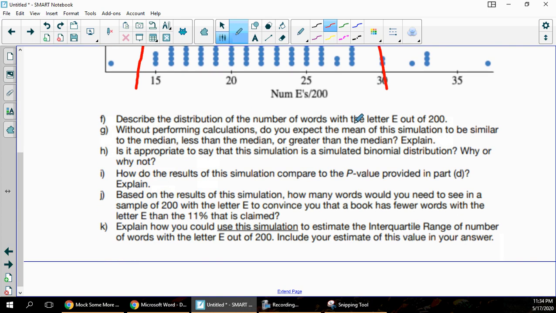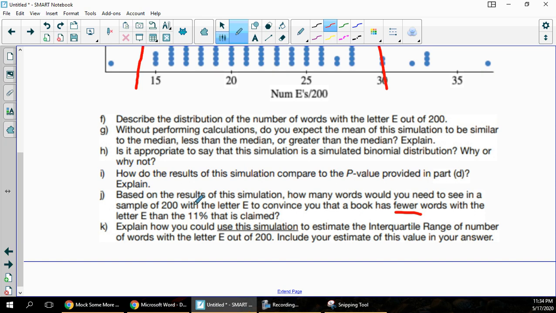And then letter J says, based on the results, how many words would you see in order to convince you that the book has fewer words with the letter E than 11%. So fewer words, now it's the one-sided.